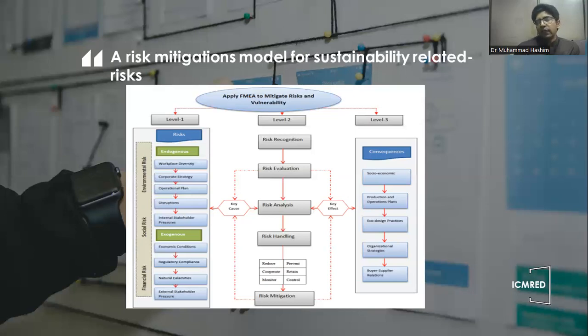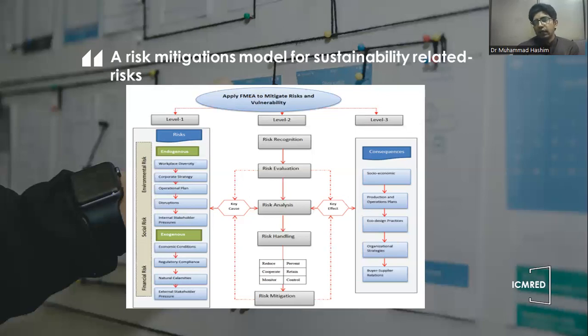And further, at the second level, you see the process. The first is risk recognition: what kind of risks fall in textile supply chain sustainability. Then risk evaluation, and then risk analysis, and at the end, how we can handle the identified highly affecting risks. Here are the six strategies: we can reduce, prevent, cooperate, retain, monitor, and control.